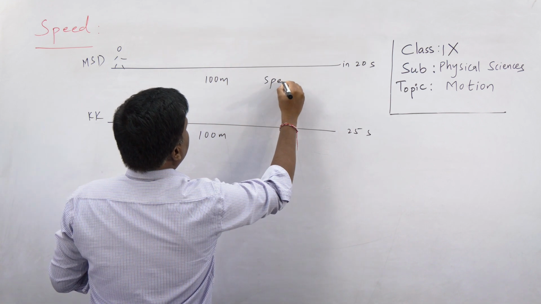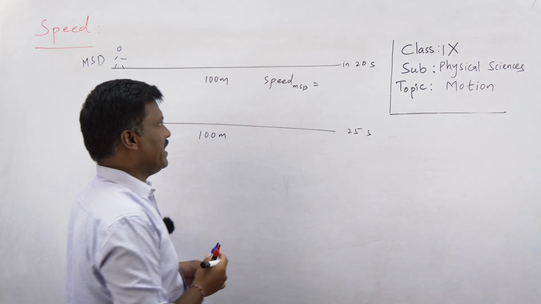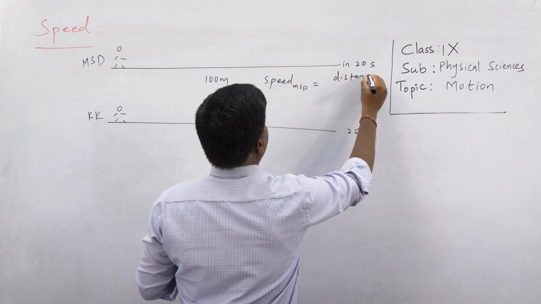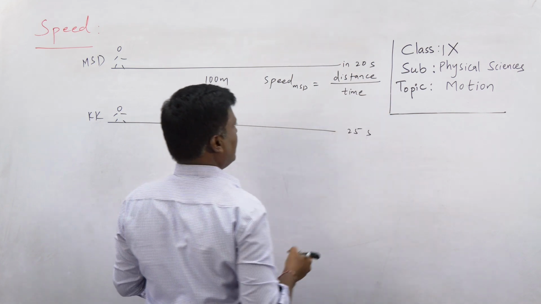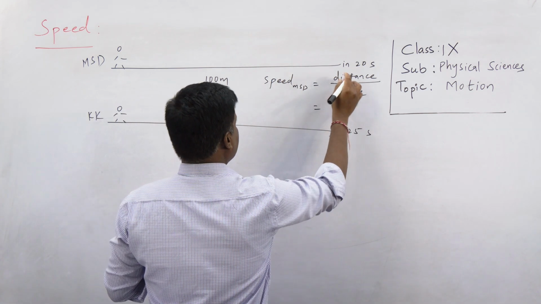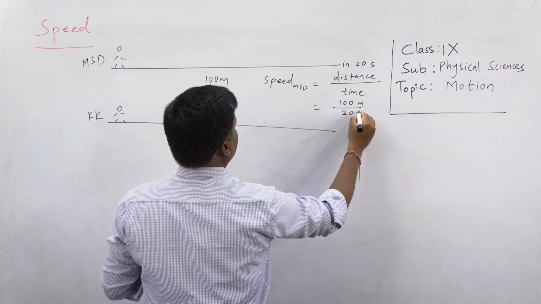Now we are going to calculate the speed of MSD. Generally we calculate speed using the formula: speed is equal to the distance traveled by an object divided by the time taken, or time interval. What is the distance traveled here? 100 meters. And what is the time taken here? 20 seconds.